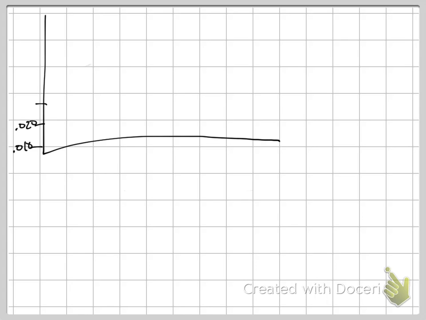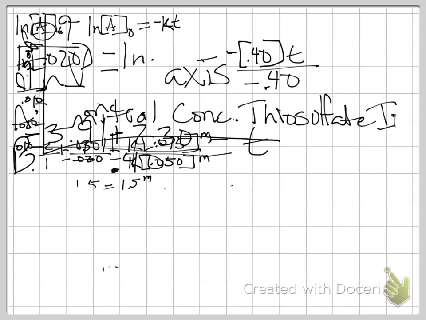And beyond. And here, going with our original concentration. Now, our original diagram and graph would show our concentration starting at about 0.020 and increasing up this way.